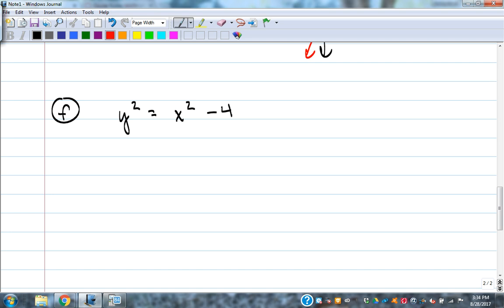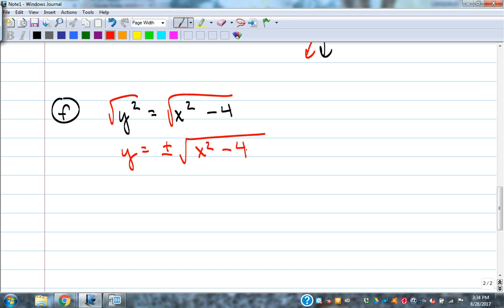And if I were to do the math to get y by itself, how could I turn y squared into just plain old y? Take the what? Take the square root of both sides. And if I do that, I can't just take one side of the square root. I've got to take both sides, the positive and the negative side of the square root. And this is what's happening.